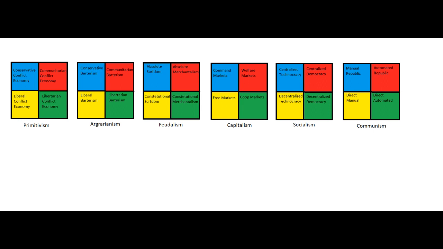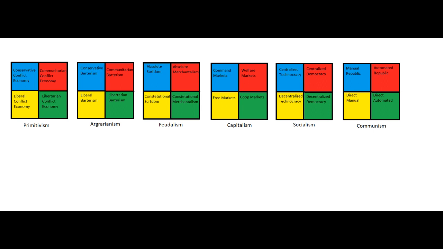We then have at the bottom free markets and co-op markets. Basically, these are societies where there is not a lot of protectionist policy, and it's kind of like an economic frontier, if you will. Hayek was a fan of the free markets category.